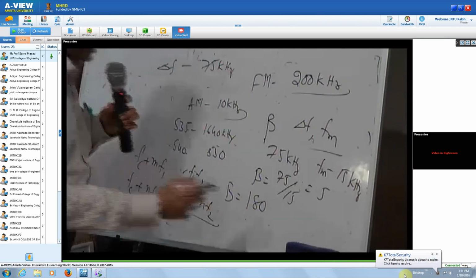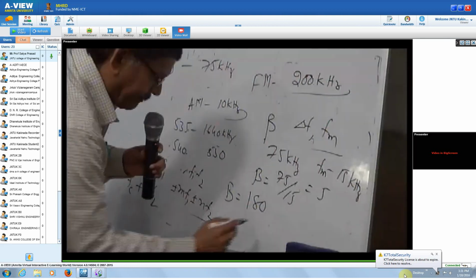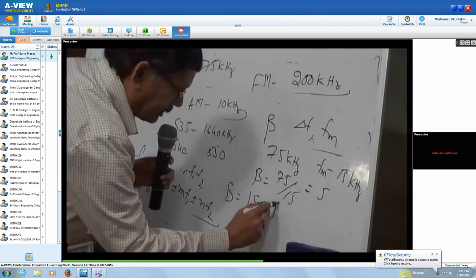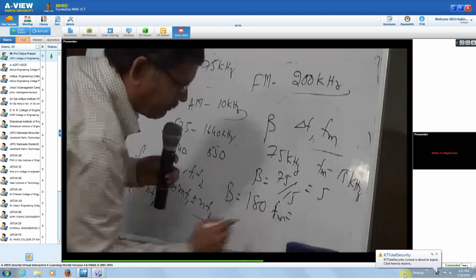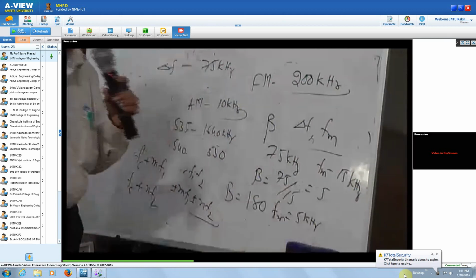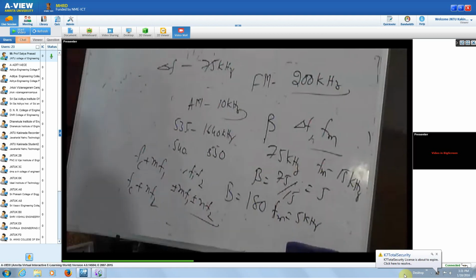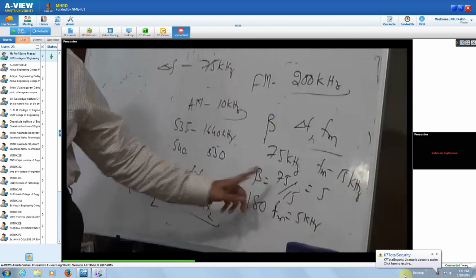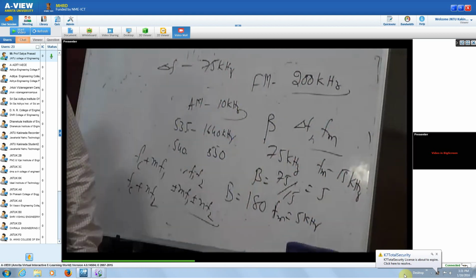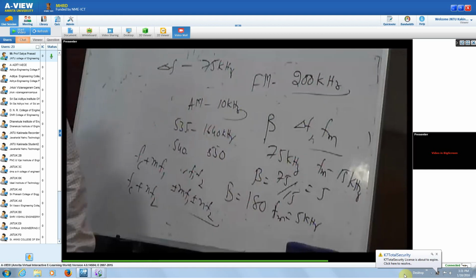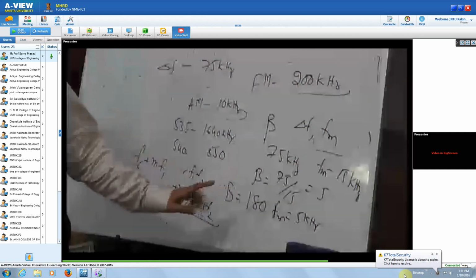Whereas, if you say that you are having FM equal to 5 kilohertz, then what will be the beta value? 75 by 5, 15.